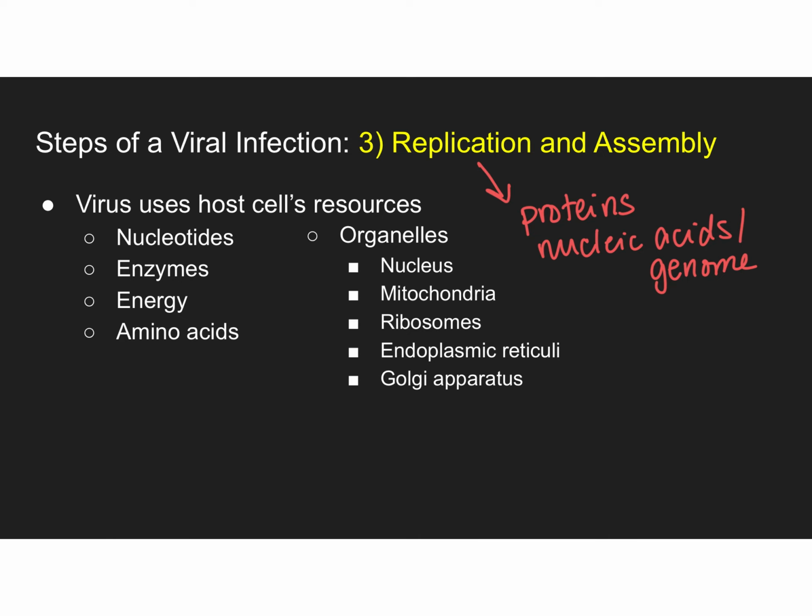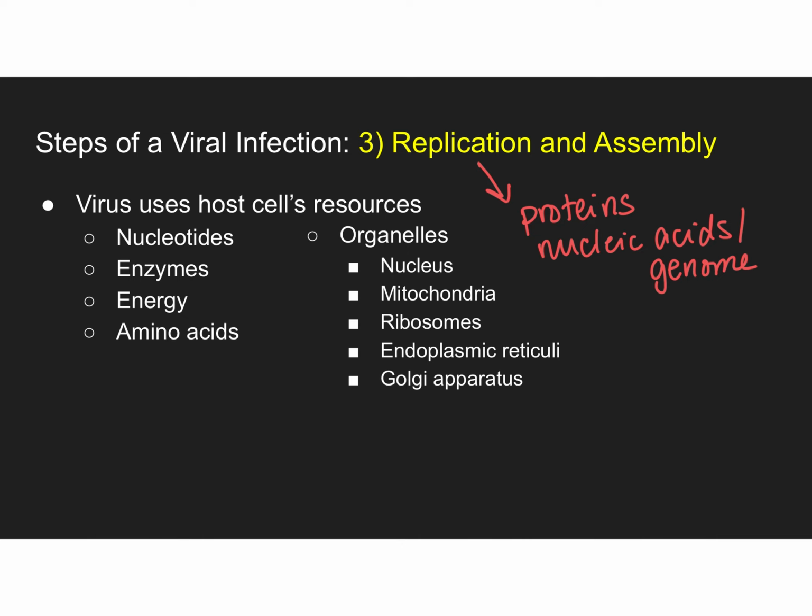It might need to make some enzymes, it might need to make some other molecules, because essentially it has to make a copy of its genome, it has to make new capsids, it might have to make a new membrane, and these are all things that it is going to do when it's inside the host cell. And in the process, it's going to use the host cell's resources to do this.